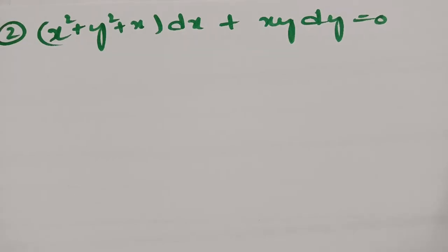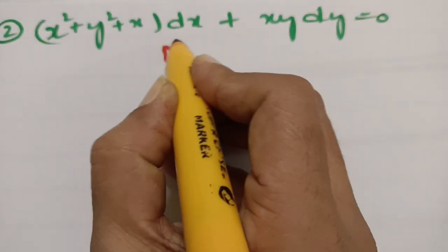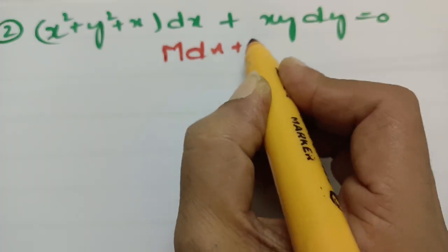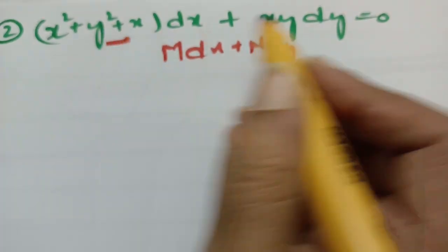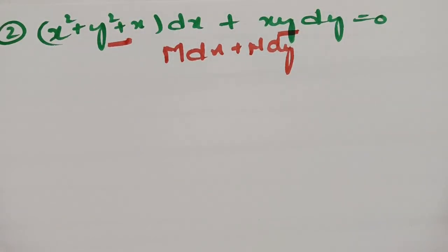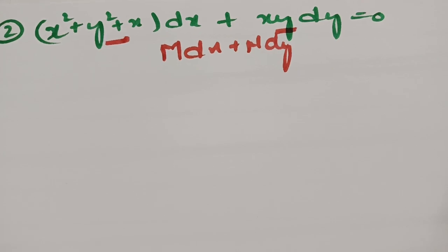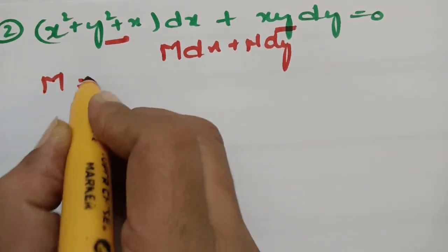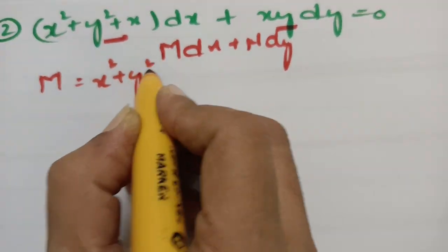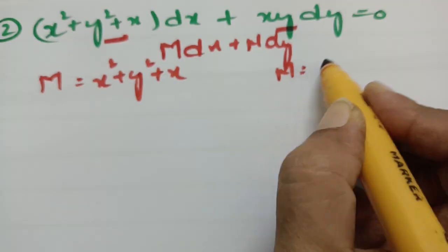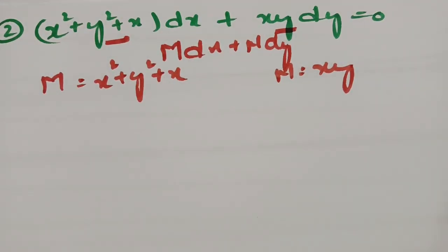And see, this is also of the type m dx plus n dy. As the question is of the form m dx plus n dy, this is m and this is n. So if I consider m here, what is our m value? The m value is nothing but x square plus y square plus x. What is our n value? This is xy.